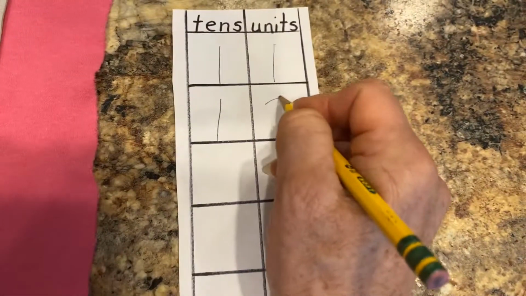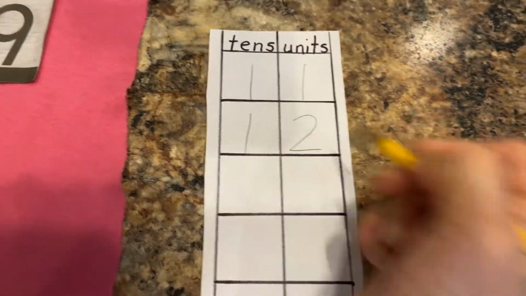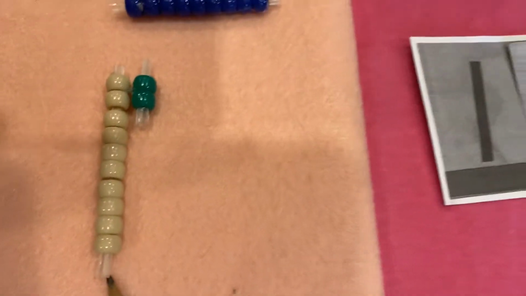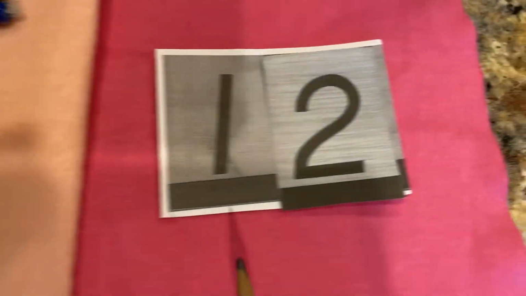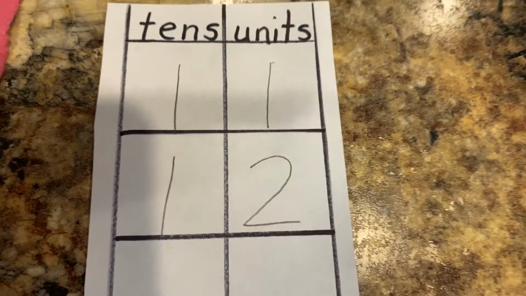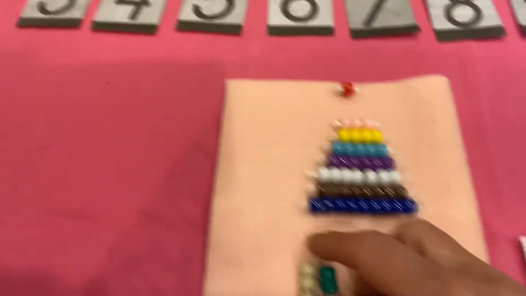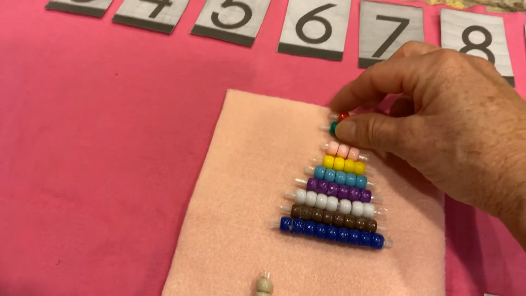Yes, we have 2 units, so we can write a 2 in the units place, and that says 12. 10 and 2 makes 12, and this says 12. All right, let's put our 2 bar back.